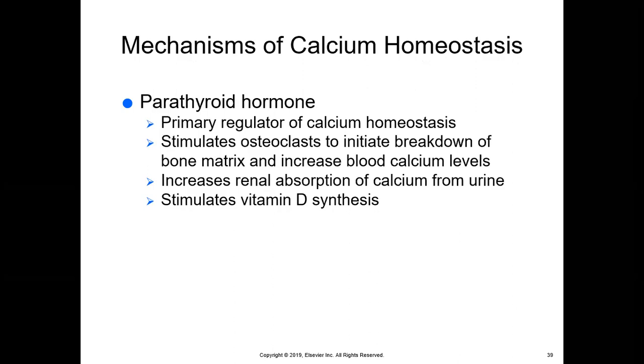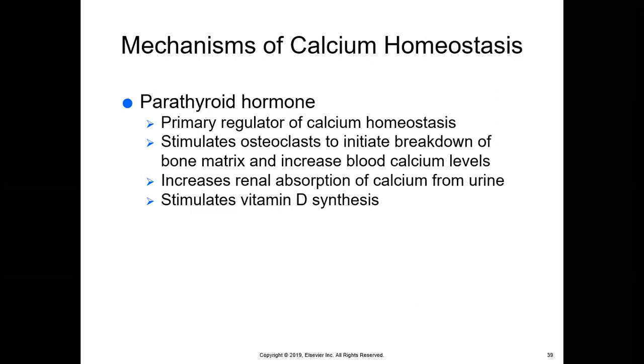Okay. And then we look at how calcium homeostasis is achieved, and the primary homeostatic mechanism that regulates calcium homeostasis is the parathyroid gland. So when the calcium levels are low, then parathyroid hormone will be secreted, and it will try to increase the amount of calcium in the blood.